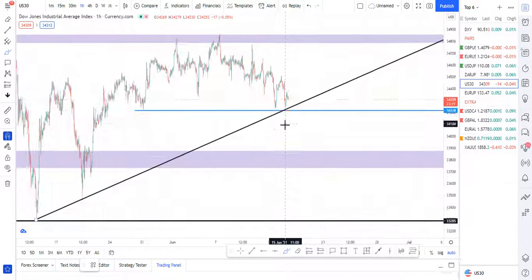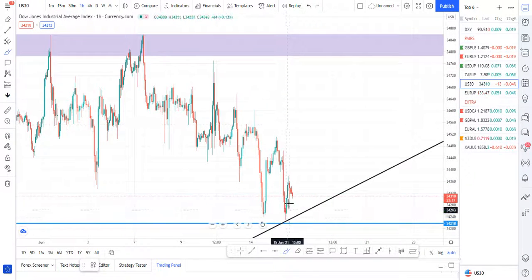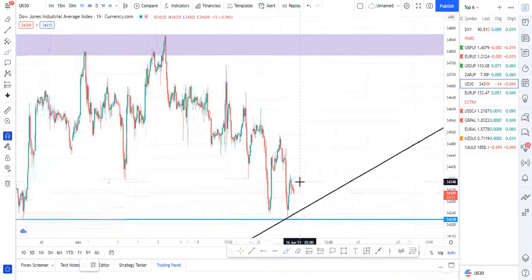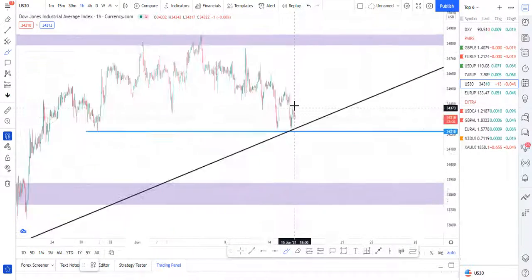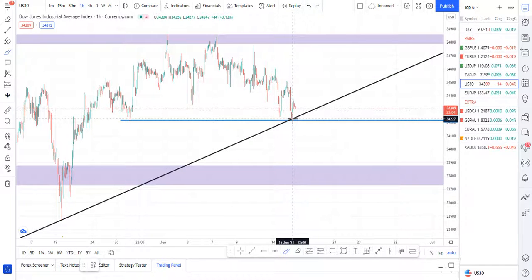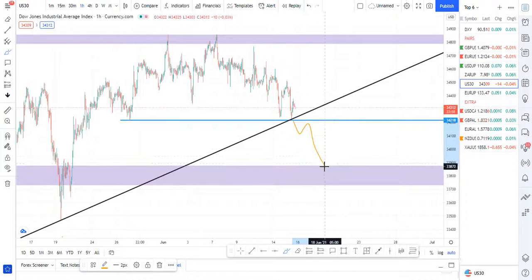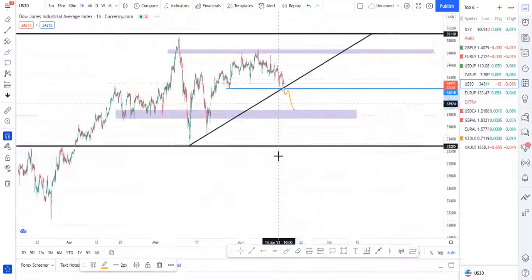So if it does end up passing these lower highs and making higher highs, that would be great for us to go to the upside. But if it breaks through here, then corrects, then goes down probably until here. But I highly doubt it.